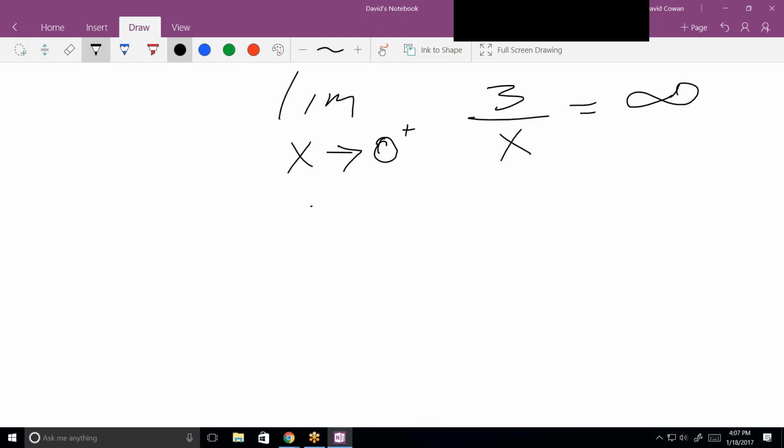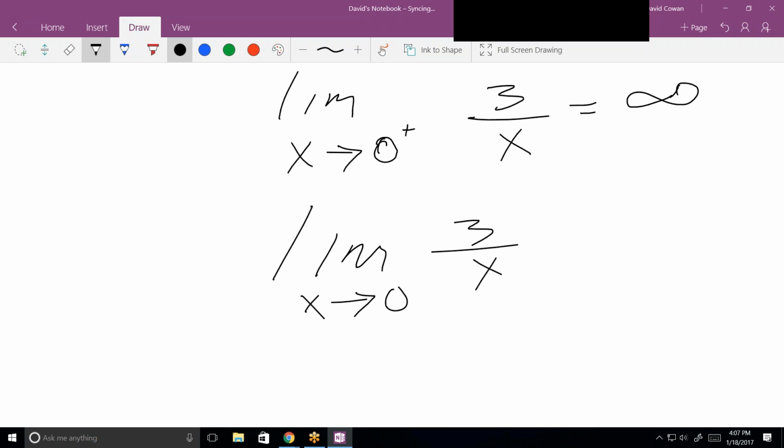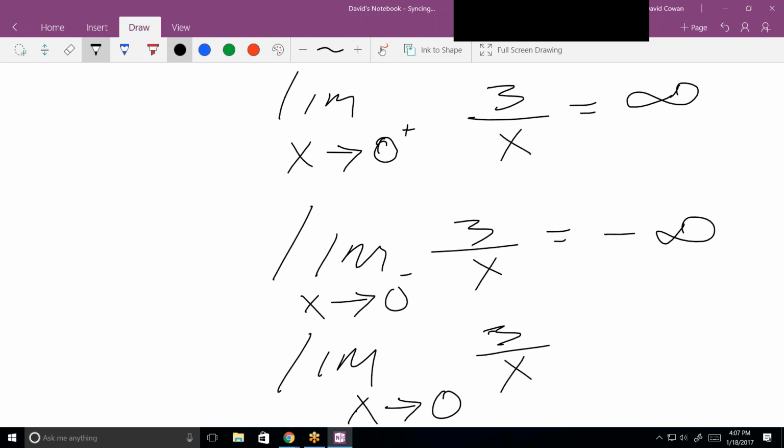But the fact is that if the limit of 3/x as x goes to 0 from the left side, well, that's negative infinity. And one rule about limits is if the limit from the left side does not equal the limit from the right side, then the limit does not exist. In other words, if I say, what's the limit of 3/x as x goes to 0, that does not exist.